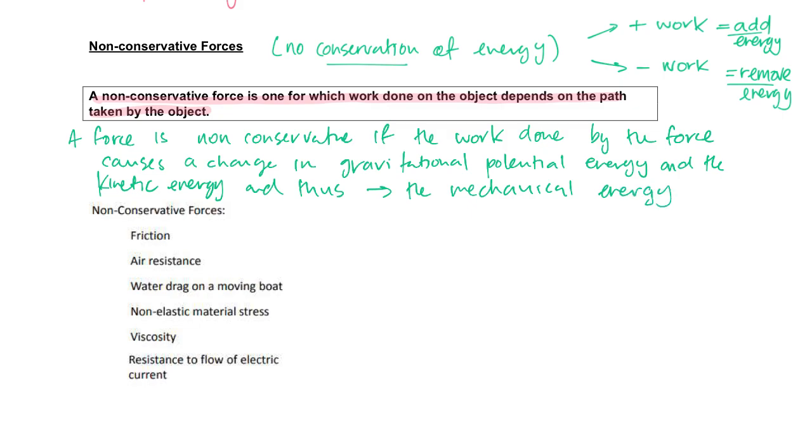So basically, if I have forces that add energy or remove energy, then I've got a situation where my gravitational potential energy is going to change, my kinetic energy is going to change, and my mechanical energy is going to change.